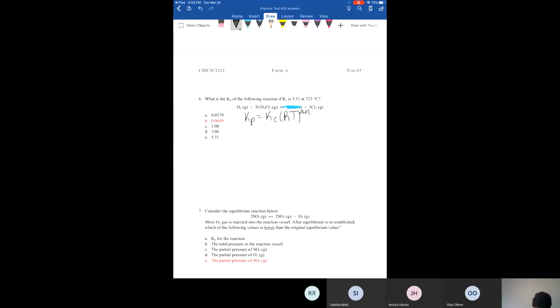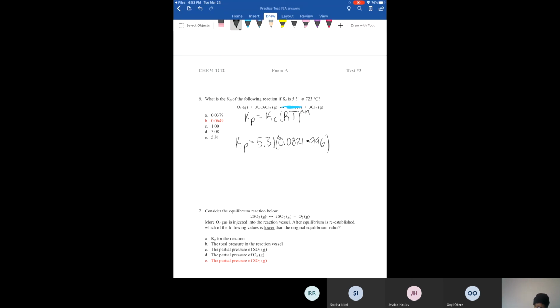So Kp equals 5.31 times 0.0821 times your temperature. Make sure it's in Kelvin. So 273 plus 723, 996 Kelvin. No, I'm not going to use units, to save time.